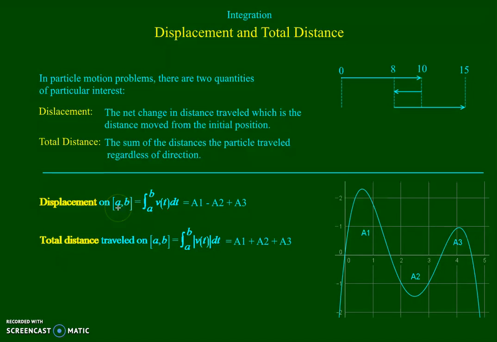Relating this idea back to the net change theorem, we can find displacement on a closed interval AB by integrating the rate of change function on the interval AB. Let's say that this graph represents a rate of change function.